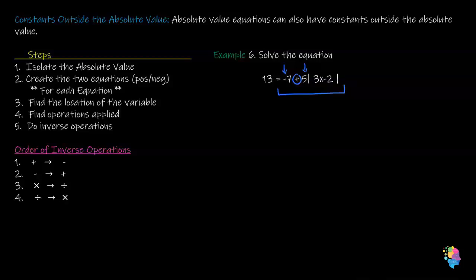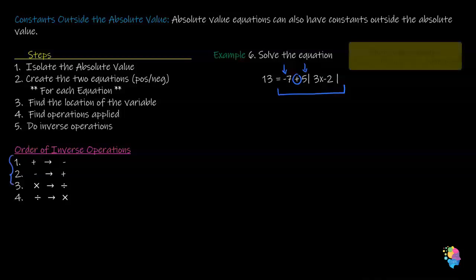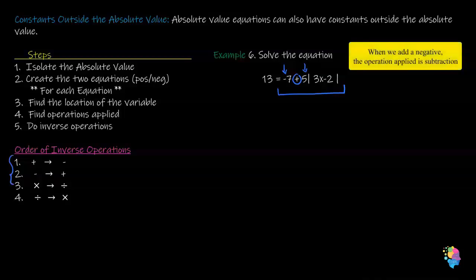First, we need to move anything that is being added or subtracted. In this case, since we are adding a -7, when you add a negative number, the operation being applied here is subtraction. So the opposite of subtraction will be to add.